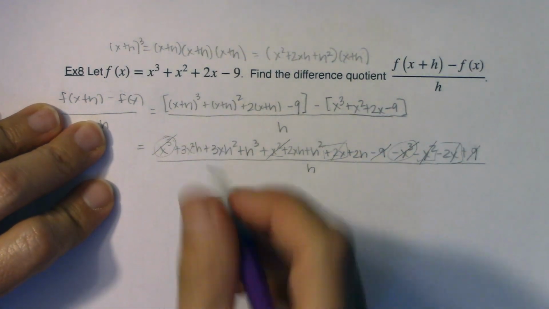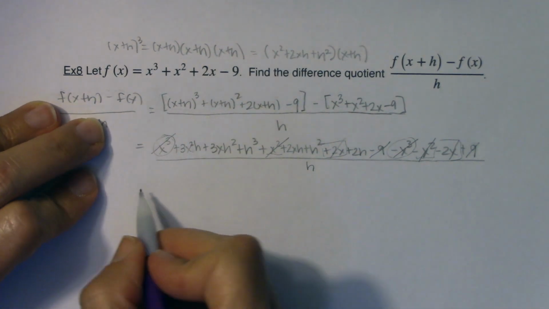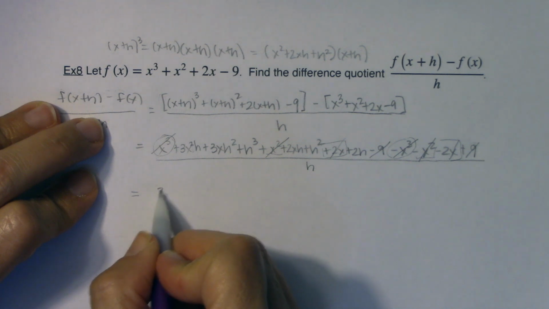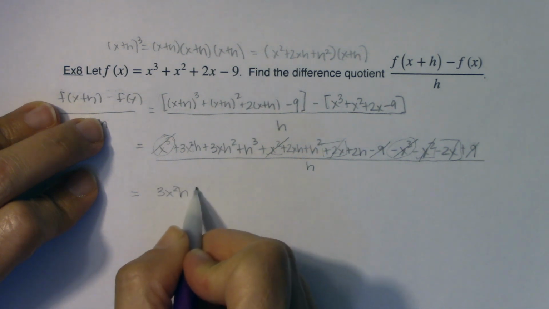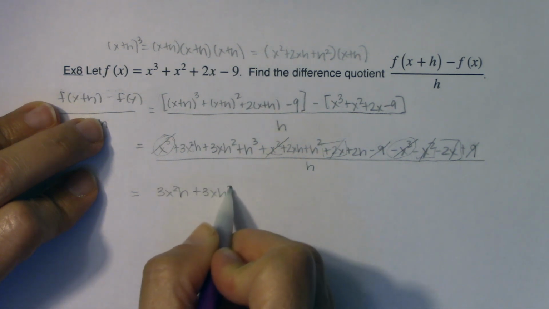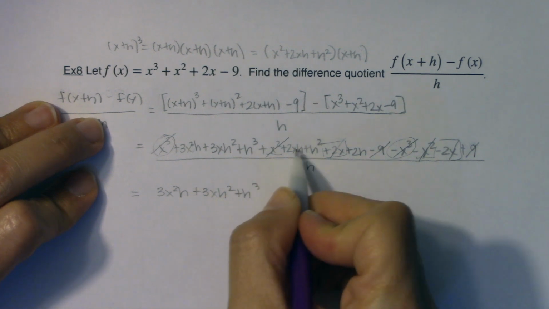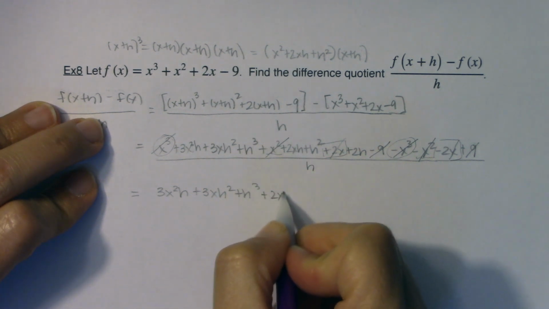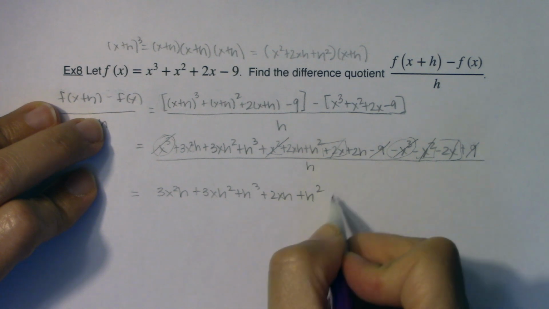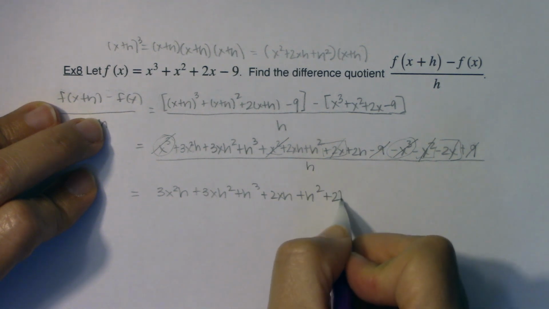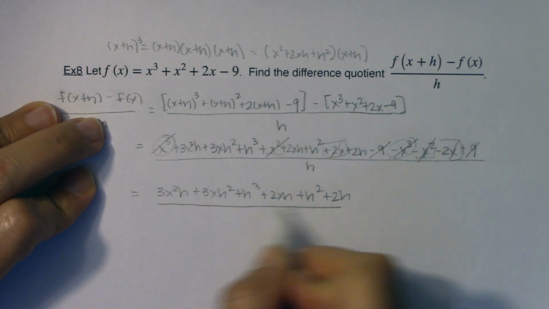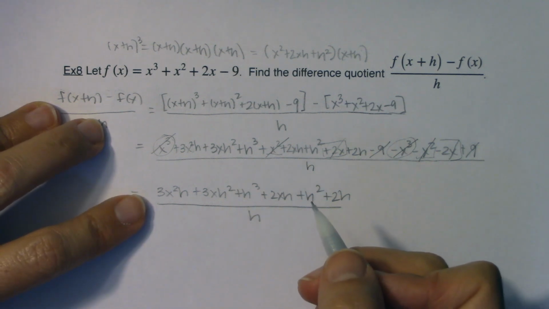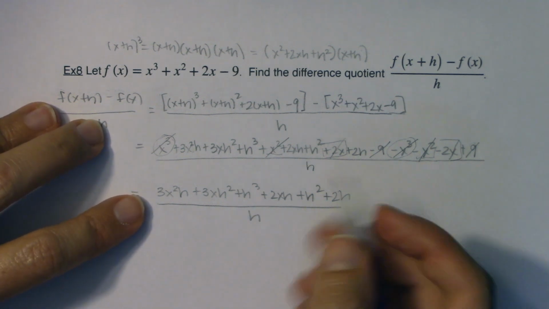So let me collectively see what's left, because these can get so messy. We have 3x squared h plus 3xh squared. I got an h cubed. It looks like I've got a 2xh, an h squared, and a 2h. And this is all in a fraction over h.